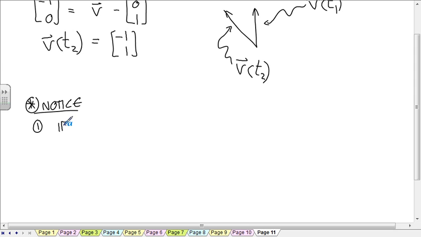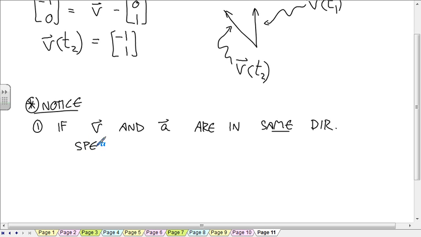First, if the velocity and acceleration are in the same direction, then the object speeds up.